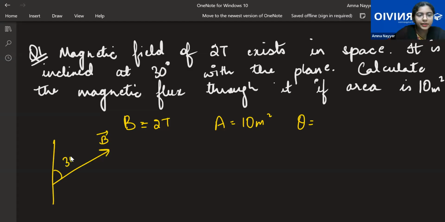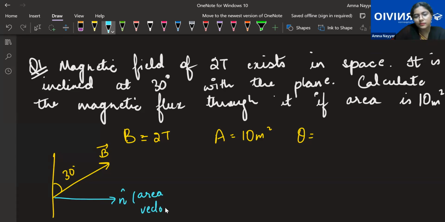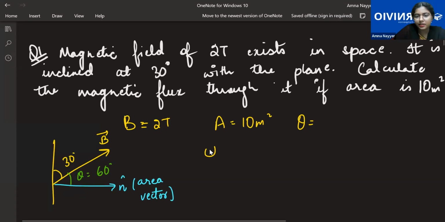So 30 degrees is made with the plane. I told you, you never take this angle. You drop a perpendicular, which is known as the area vector, and you consider this angle theta, which is 60 degree. 90 minus 30 is 60. Now you solve the rest of the question.